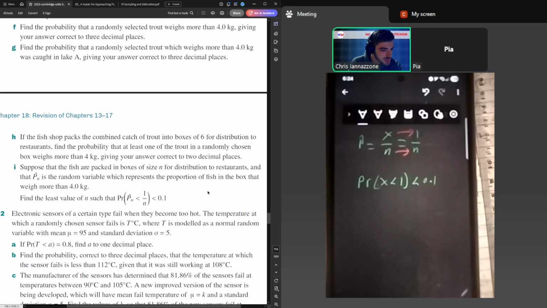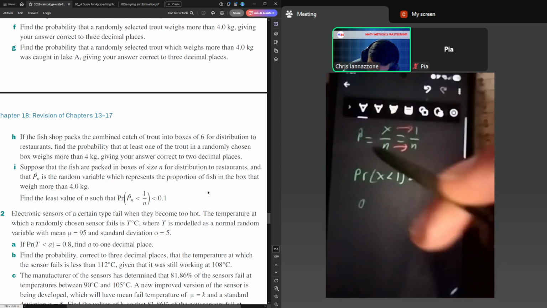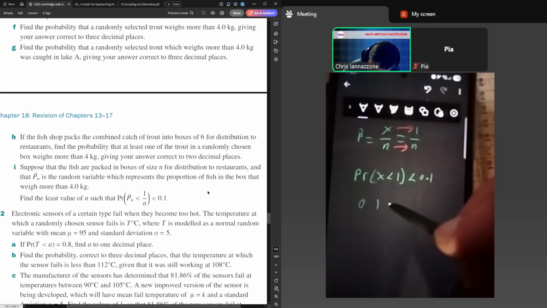I have actually just realized something weird, which is x less than 1 actually just means x equals 0, because it's not inclusive. If you think about the number line, it can't go lower than 0, right? You got 0, 1, 2, up until n.